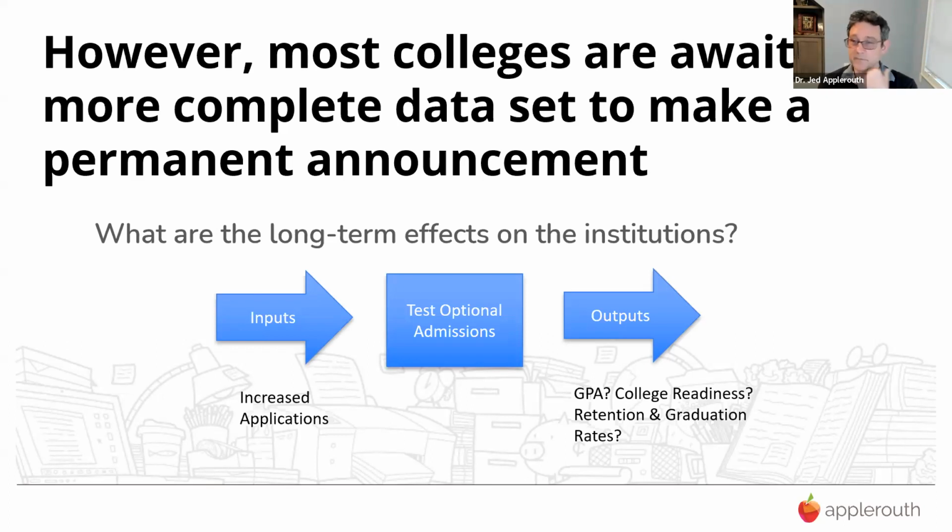Different kinds of kids submitted applications than before. But the whole thing is the outputs of what happens over the course of the 4 years. Are there differences between those groups of test score submitters and non-submitters in terms of GPA over 4 years, in terms of major selection, in terms of graduation rates over 4 and 6 years? Schools are looking at that and seeing, are there differences?